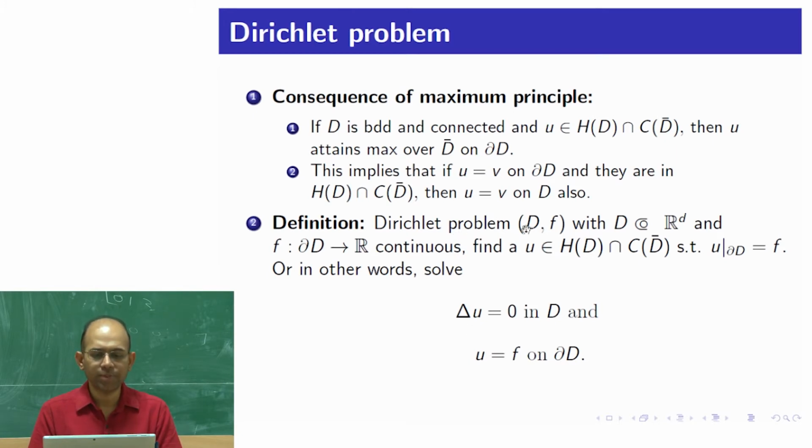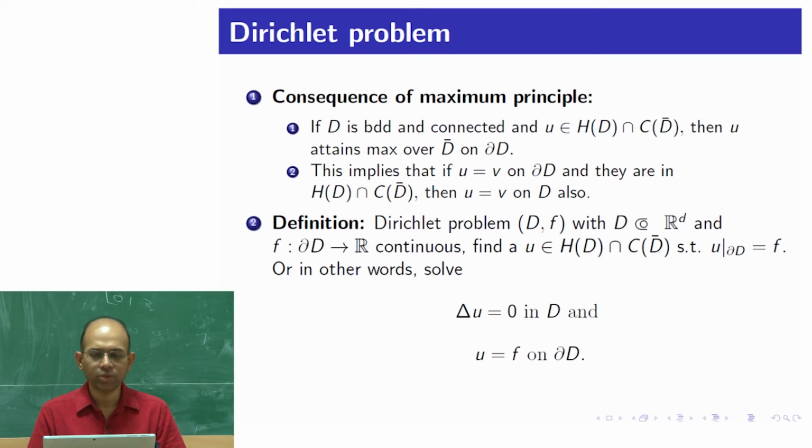So the Dirichlet problem needs specification of the domain D and the boundary data F. Given this pair, where D is an open domain of R^d and F is a real-valued function defined on the boundary of D, also taken as continuous here, the problem is to find a function U which is harmonic and continuously extendable to the boundary, so continuous on the closure of D, such that its restriction on the boundary coincides with F. That is the Dirichlet problem.